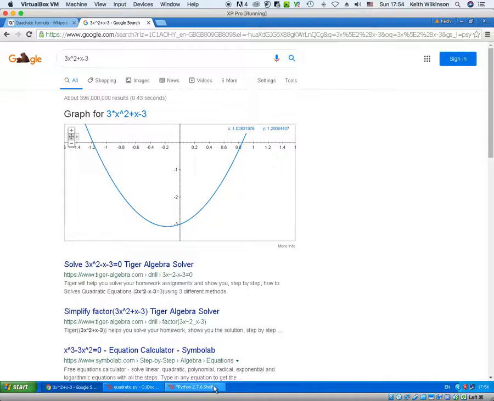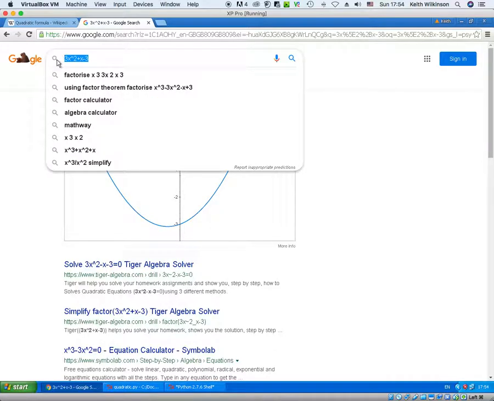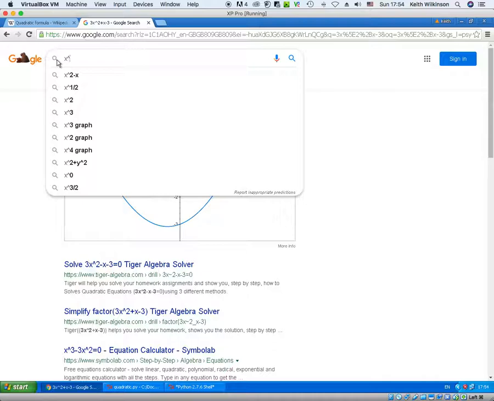So let's stick that into our shell. It would be nicer if we got, I'm going to do that one again. Let's do the x squared, because I want whole numbers to go into the formula rather than decimal numbers, because I'll have to write in a lot of decimal numbers from the answer. So x squared plus x minus 1.